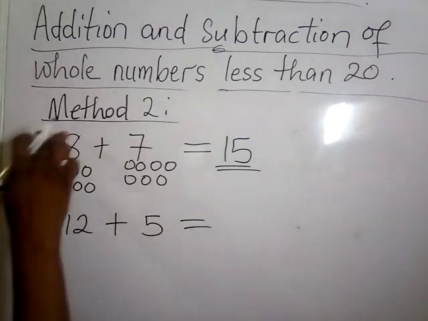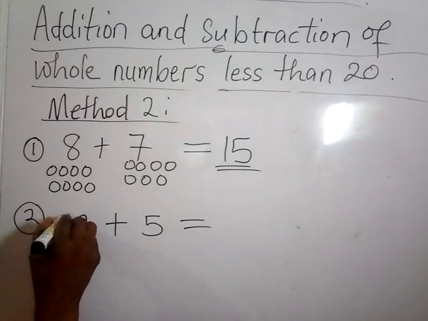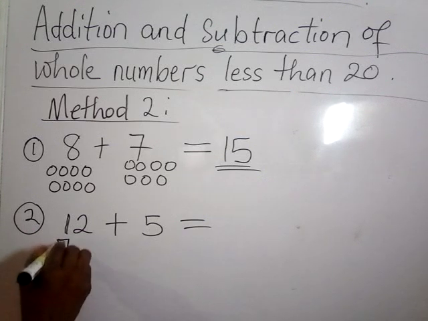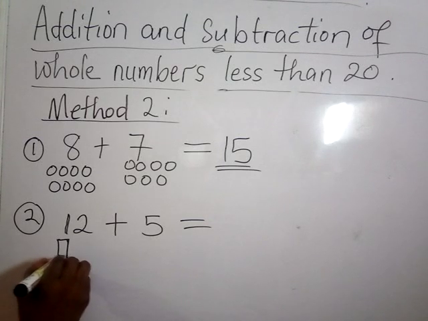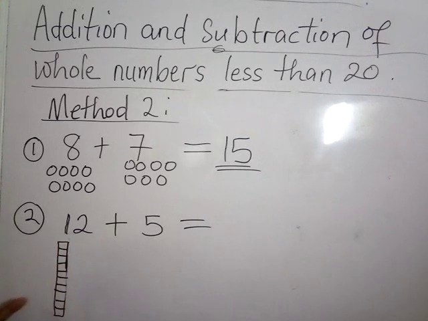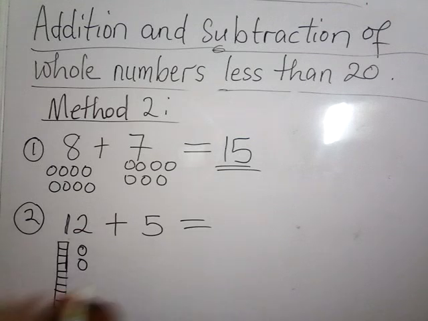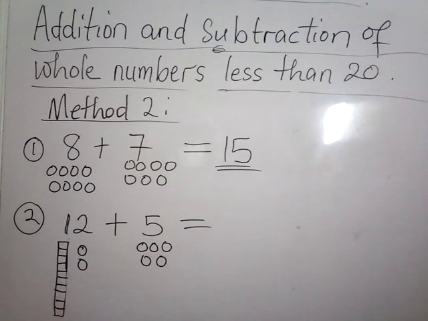So to represent the tens part of this 12, the tens is a column. 1 2 3 4 5 6 7 8 9 10. Okay, so this is the column for 12, and then you have 1 2. That's how we represent units. And then for 5 it will be 1 2 3 4 5.